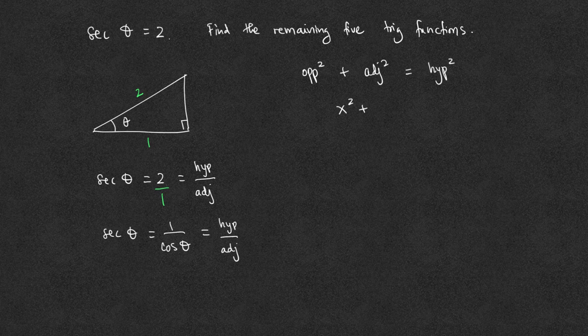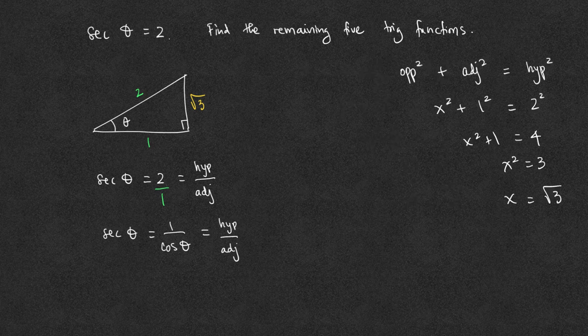The adjacent side has the length of 1, and the hypotenuse has the length of 2. x squared plus 1 equals 4, so x squared equals 3. x is therefore the square root of 3. This is the dimension of the triangle, so we do not need to worry about the plus or the minus.